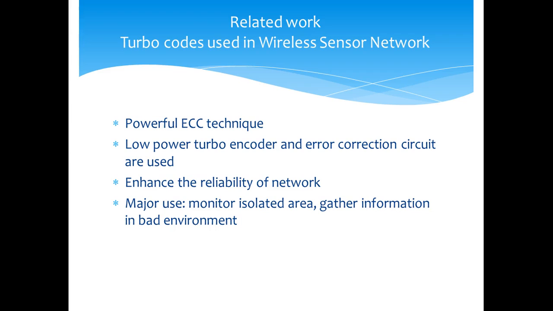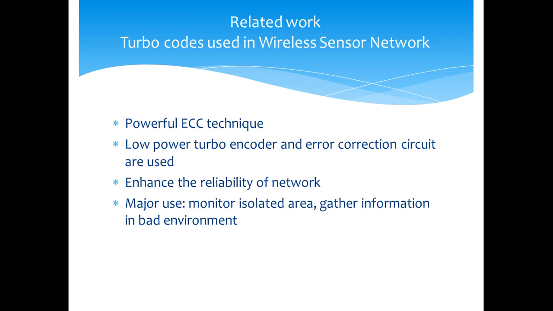I have 2 related works for this project. The first one is turbo codes used in wireless sensor networks. First of all, this is a really powerful ECC technique. A low power turbo encoder and error correction sequence are implemented at the sensor nodes, and the soft decision iterative decoder is implemented at the base station.